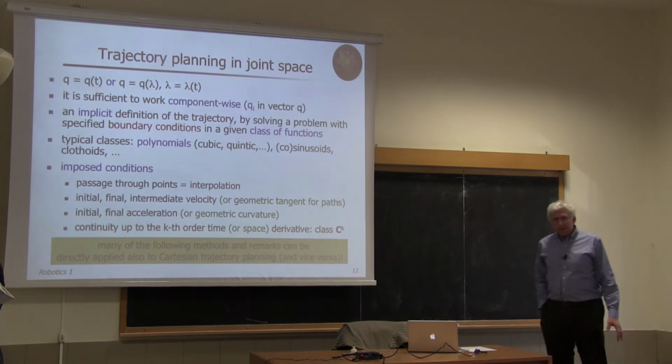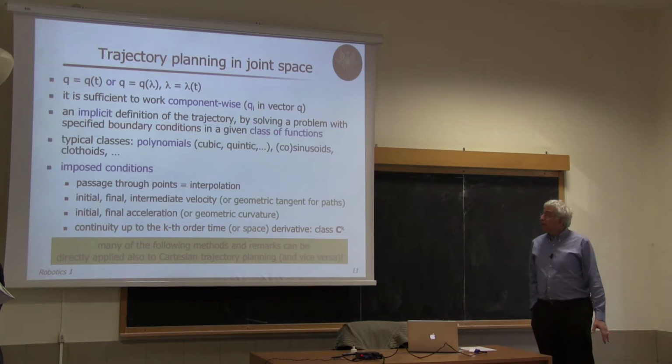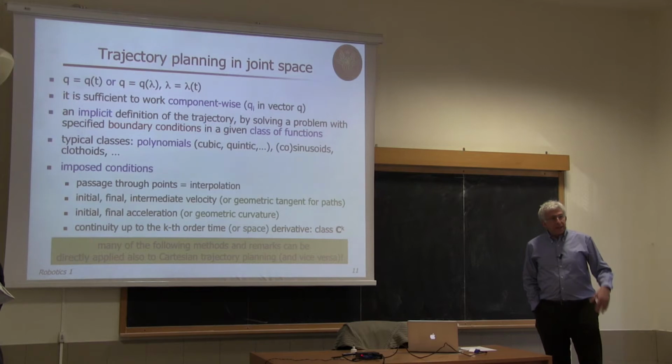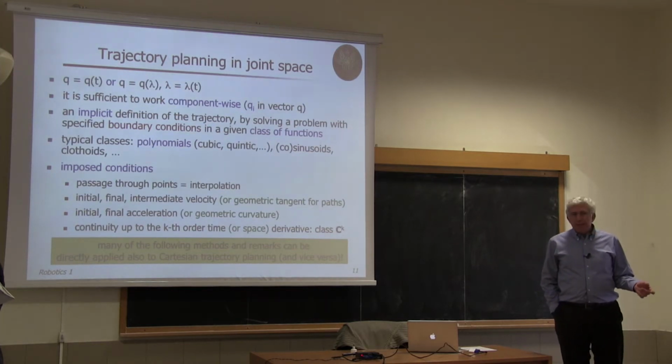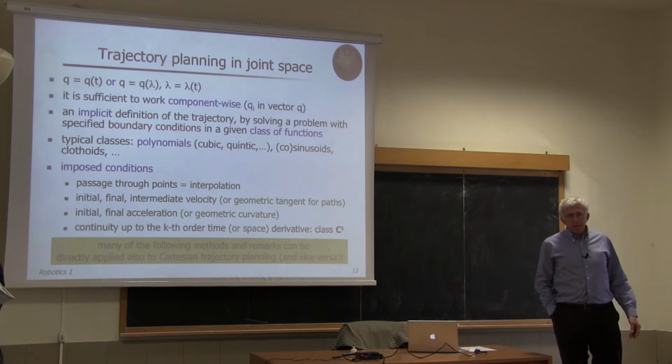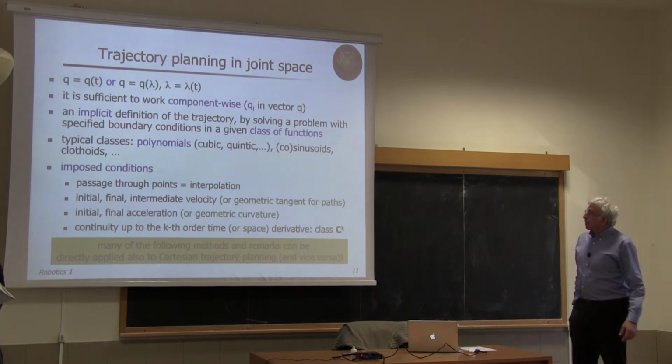As I mentioned last time, we start with this decomposition: joint space trajectory planning and Cartesian space trajectory planning, but many of the techniques actually can be moved from one space to the other, and this will be clear from the context.